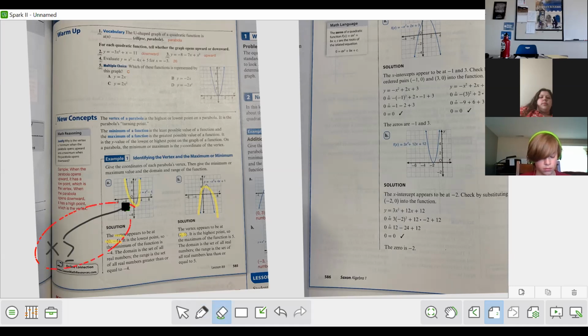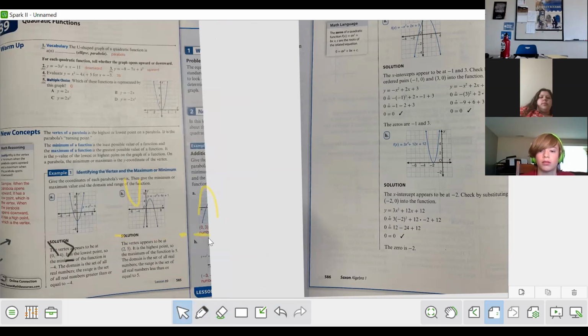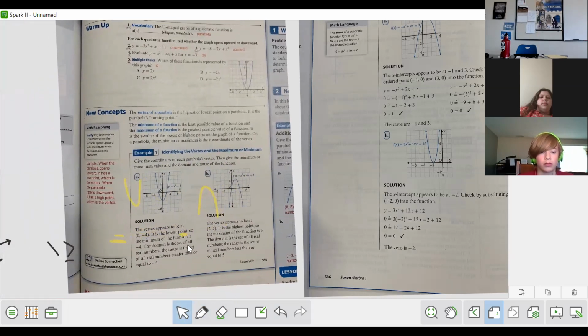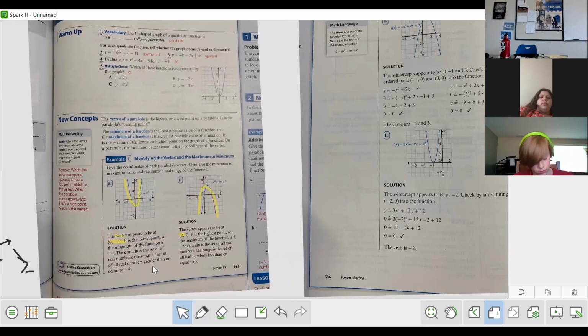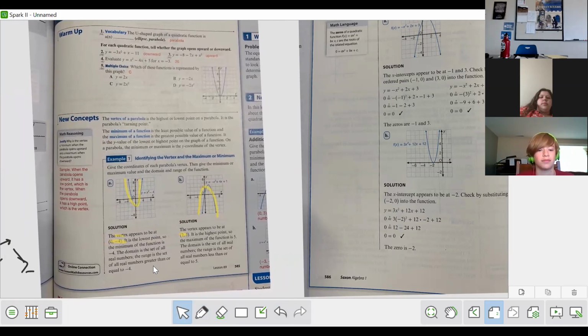X can be anything. Y is greater than or equal to a negative 4. Notice everything on that graph is above a negative 4.